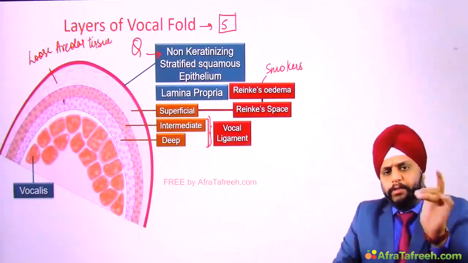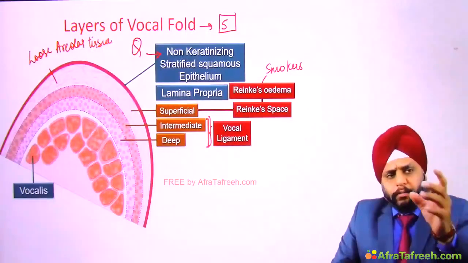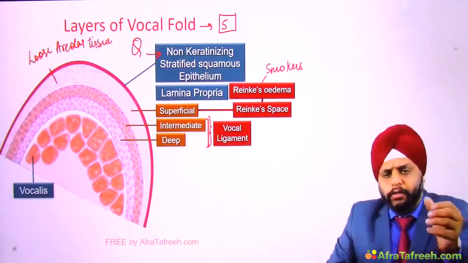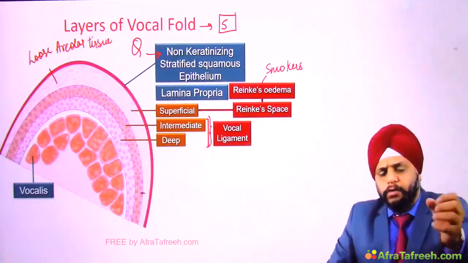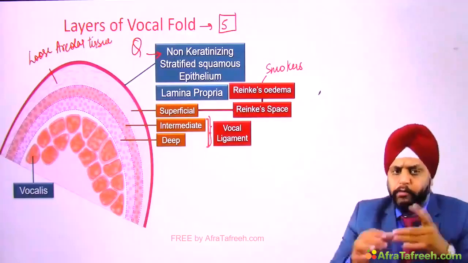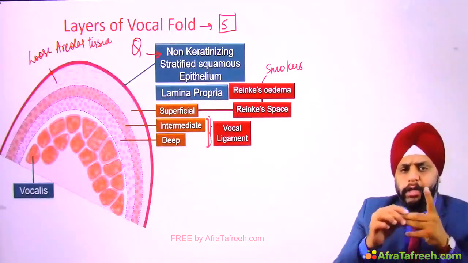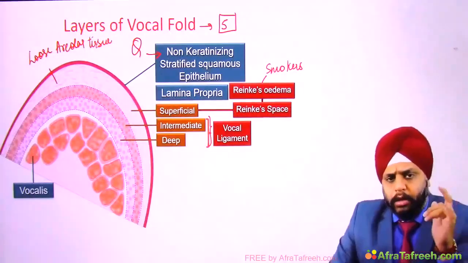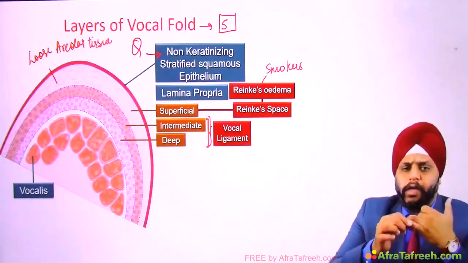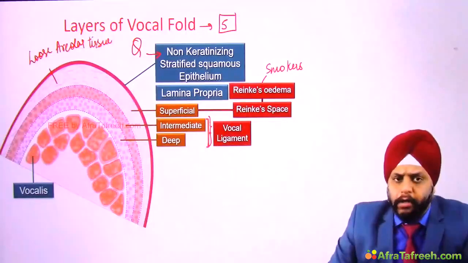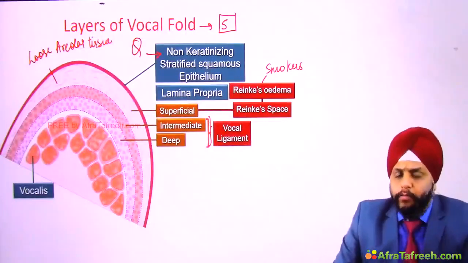The maximum strength is given by the middle finger and the ring finger. So these 2 fingers give you strength to grip something. Same way, the intermediate layer and the deep layer form the vocal ligament. And finally, we have the vocalis muscle. So with the hand model, these are the 5 layers of the vocal fold.